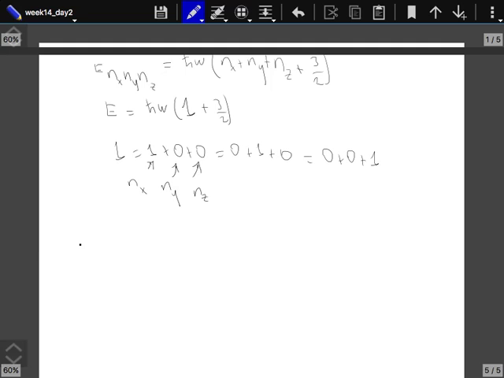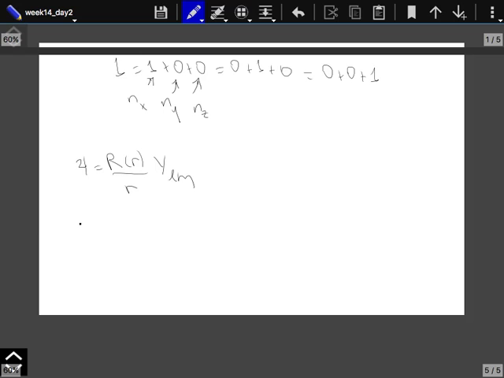Again, we can just start by saying that psi will be equal to the radial component R divided by r, times Y_lm. Y_lm is always there, since we have a spherically symmetric problem. And this radial function R will satisfy this equation.